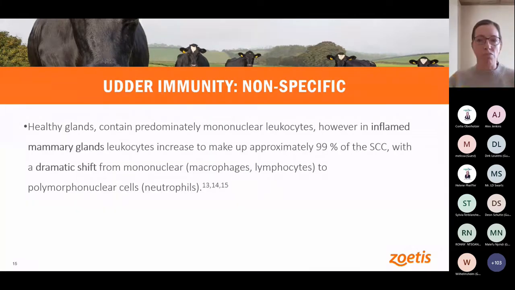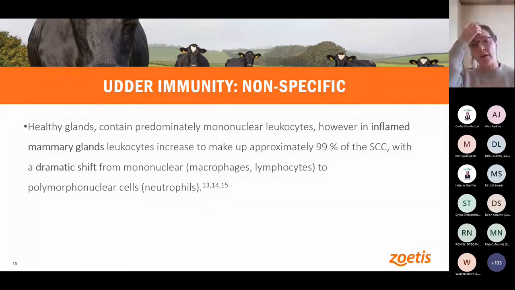Okay, so when we look at somatic cell count in a healthy udder, the main cell is mononuclear leukocytes, right? That would be your macrophages and your lymphocytes.